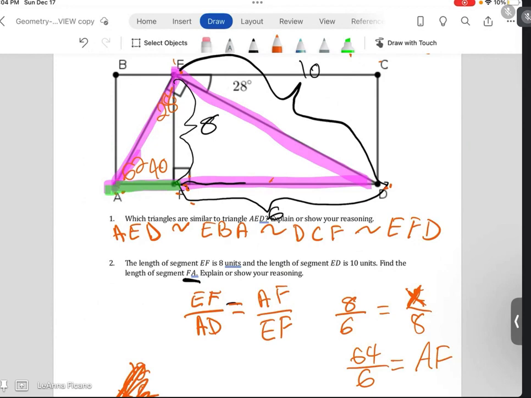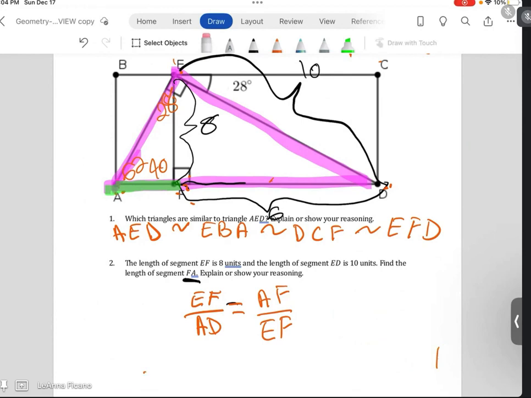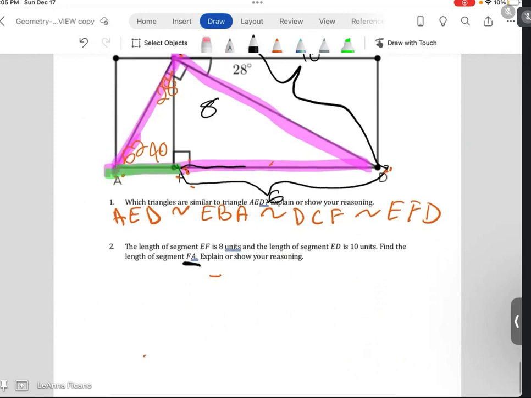And to double check that, I can do the Pythagorean theorem.